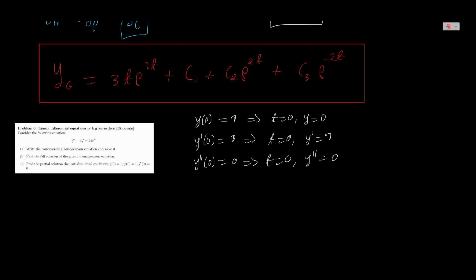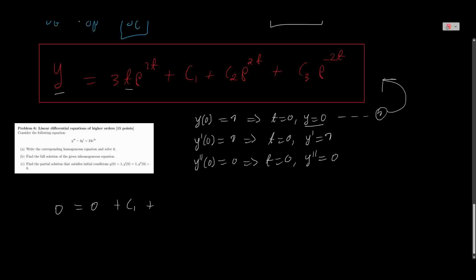So to do that, let's apply the first condition. Remember that we can just write this as y, but this was just to represent it as the general solution. We know that t is 0, so inserting 0 here will give us 0 plus c1 plus c2 plus c3.